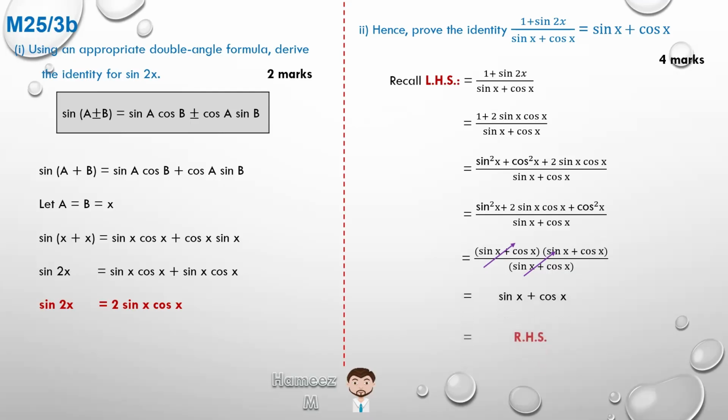Our right-hand side. And since we have proven the trigonometric identity, we can either just draw this little square, or we can write QED, one or the other. QED is Latin for quod erat demonstrandum, which means that we have proven it.